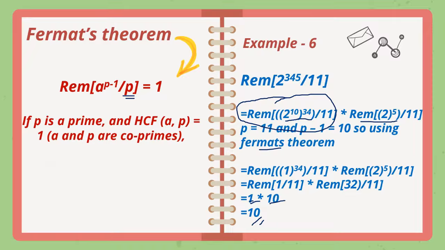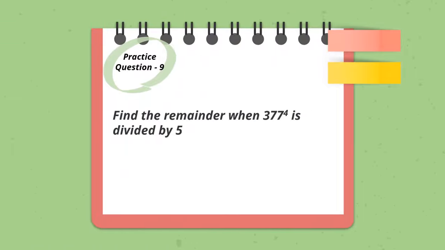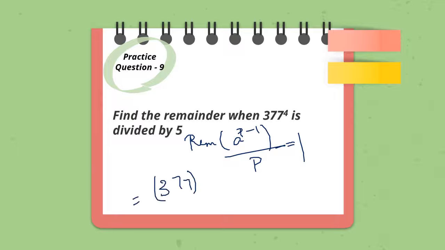Here we have to find the remainder when 377 to the power 4 is divided by 5. I think I can directly apply because the rule says that the remainder when you divide a to the power p minus 1 by p leaves you 1, and the condition is that p should be a prime number. 5 is a prime number, and 5 minus 1 is 4. 377, that is a, and p should be co-prime. 377 and 5 are of course co-prime.